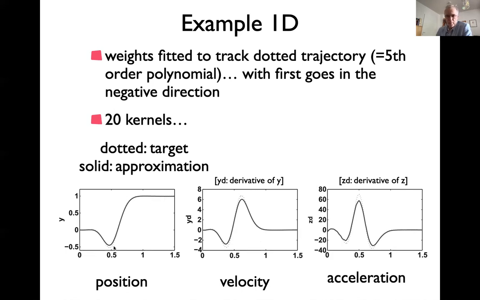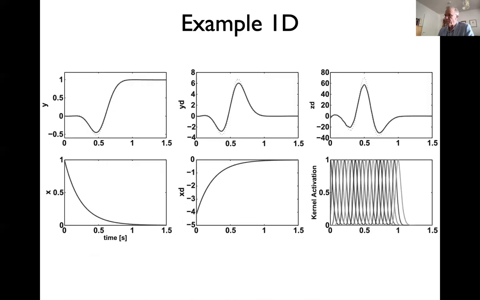You see here, it approximates it relatively well. It's a little undershooting here, a bit overshooting there, but overall it's pretty good. That's all. That's really the goal. And the mathematical framework just makes it that fitting, which they call learning, works well. This is an example with 20 such kernels, so plenty of parameters to do that.